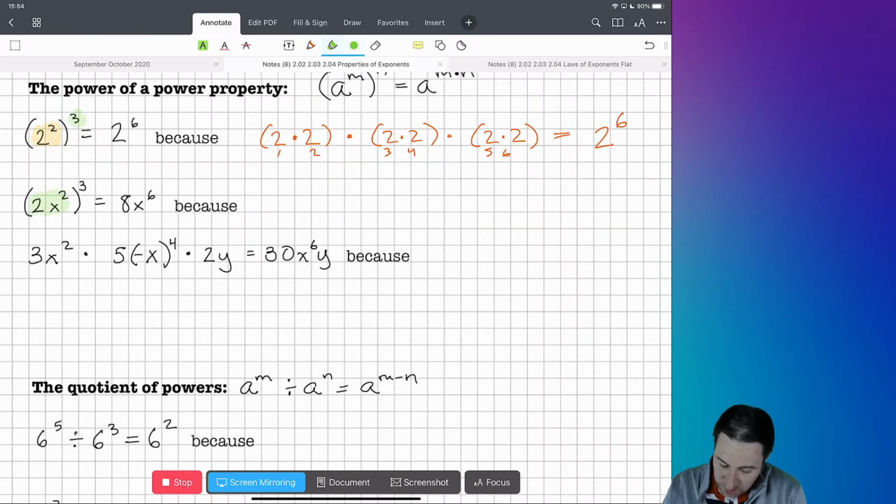Inside the parentheses we have 2x squared, and we're being asked to repeatedly multiply this 3 times. So here's 2x squared in expanded form. We're going to multiply that out 3 times.